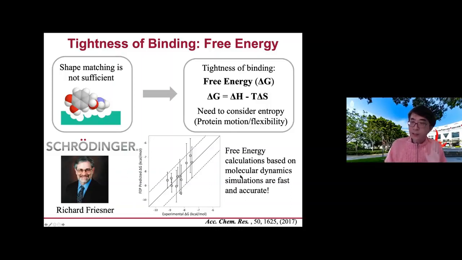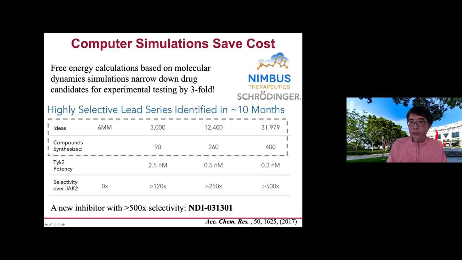And very exciting, I think this company is the first of its kind that IPO'd just a few months ago, focused on the in-silico design of drug discovery based on physical principles. So this is a very successful example. And using their company's free energy calculation method based on simulations, they teamed up with Nimbus Therapeutics.